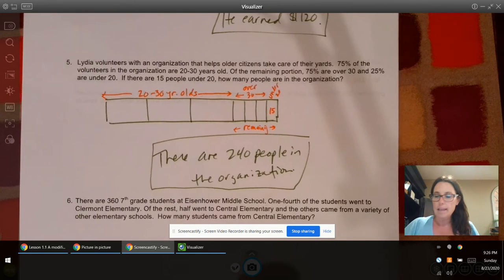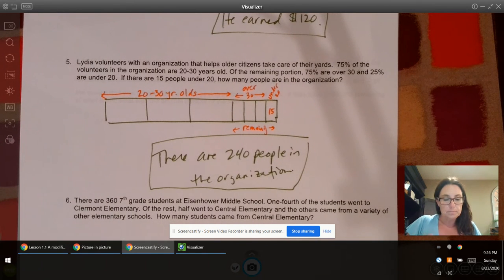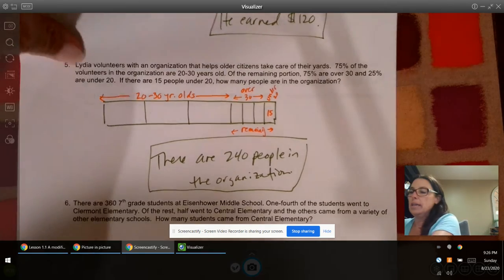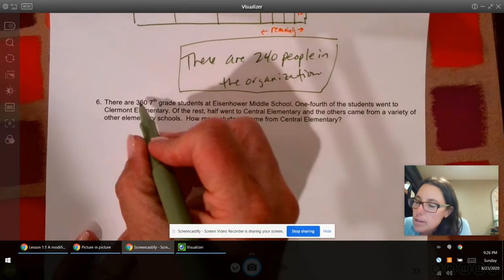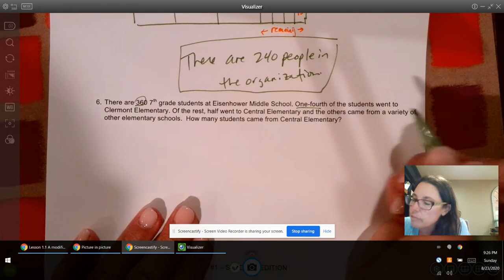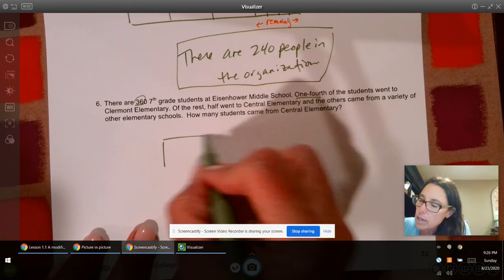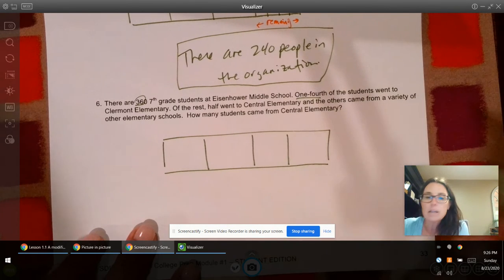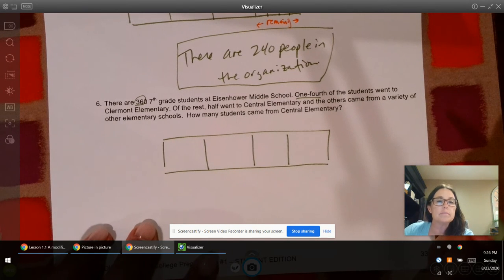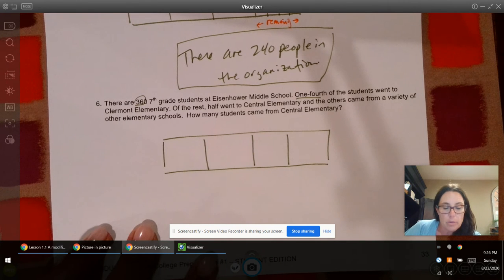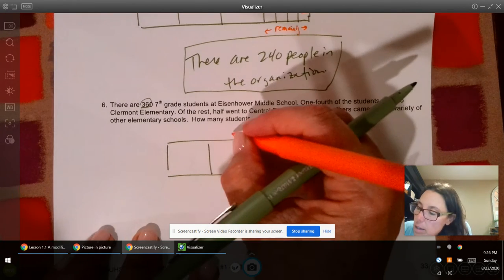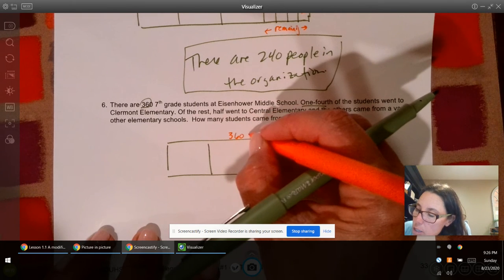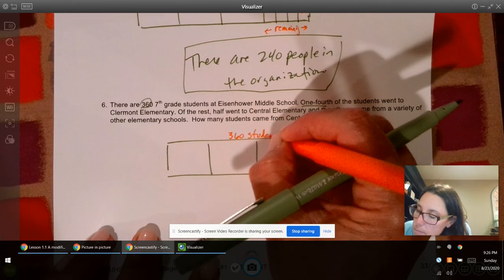Okay. All right. So the keywords in this 360 and 1/4. Okay, so I've got a bar model that's in fourths. Okay, now 360 students total.